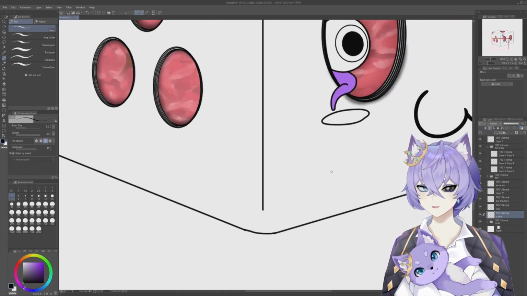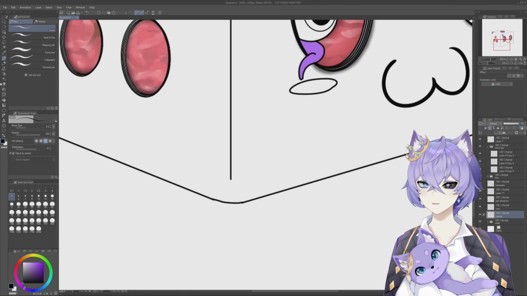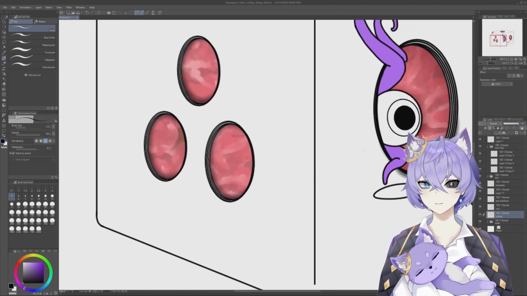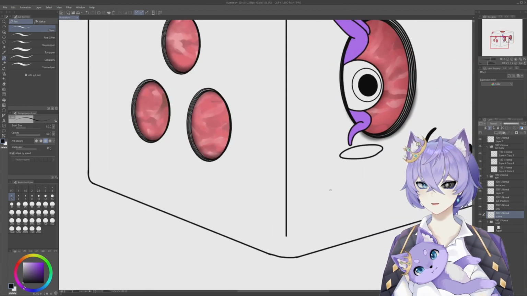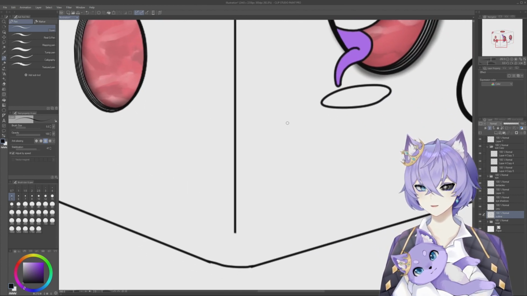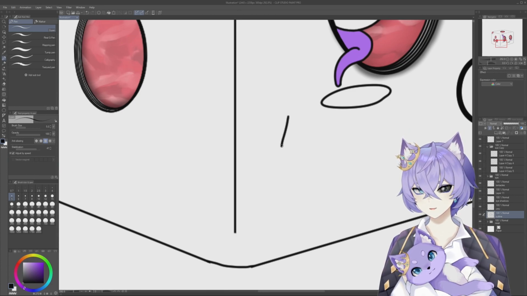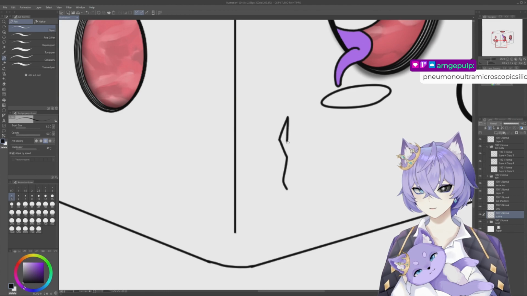So what we could do is we can always add in another kind of crevice crack on this side, just underneath where everything else is.